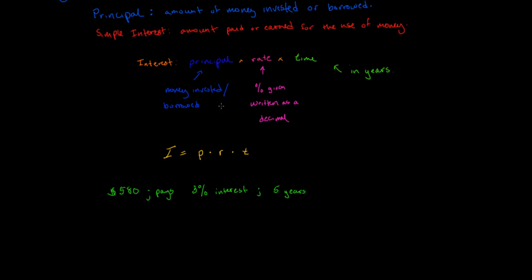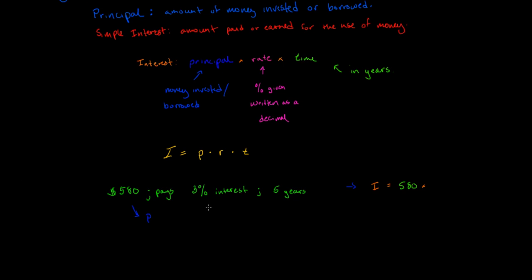So what we're going to do is take this 580. This is our P here. Let's write that over here. So interest is equal to that $580, that's our principal, multiplied by the rate, which was the 3% interest.